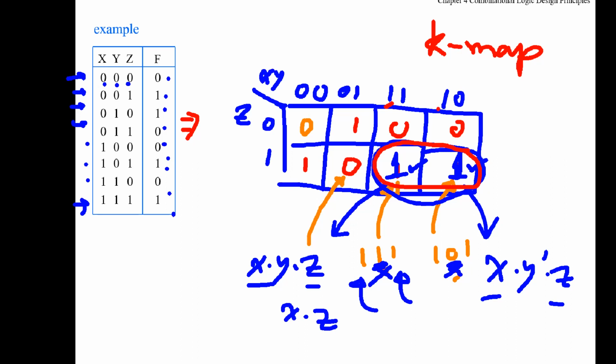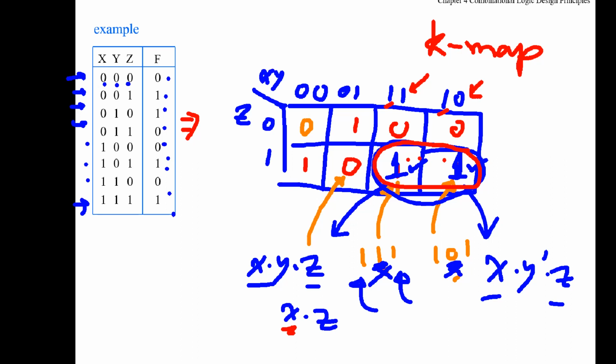For example, in this cell x is 1, and in this cell x is 1. That means the resultant product term will have x, right? X must be 1. But for y, this cell y is 1, this cell y is 0.